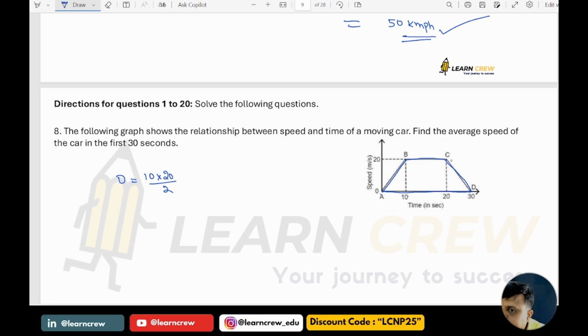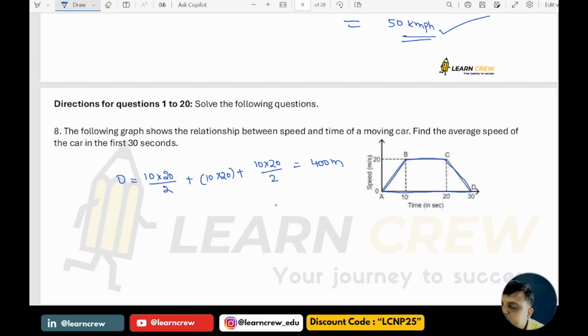Then it's a rectangle, plus 10 into 20, plus again this is a triangle, 10 into 20 by 2, half of base into height, right? So how much are you going to get? 200 plus 100 plus 100, which is 400 is the distance. 400 meters is the distance.